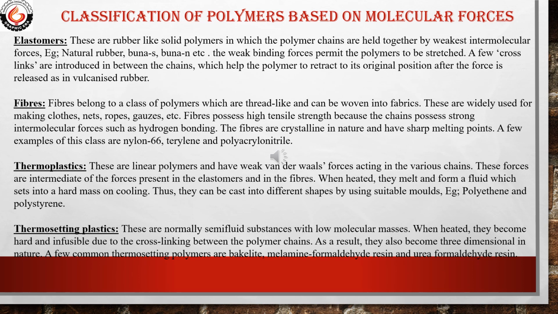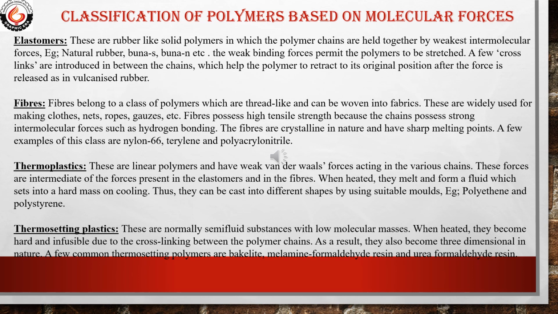The fourth one is thermosetting plastics. Thermosetting plastics are normally semi-fluid substances with low molecular masses, but after heating they become hard and infusible due to the formation of lots of cross-linking between the polymer chains. These types of polymers have low density but are very tough and very strong.